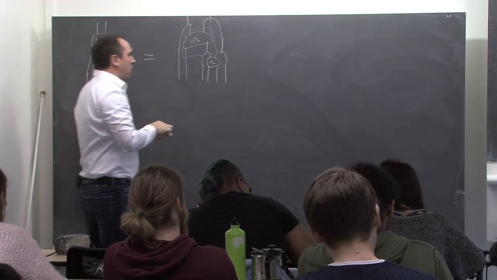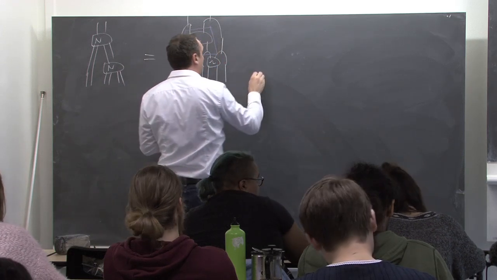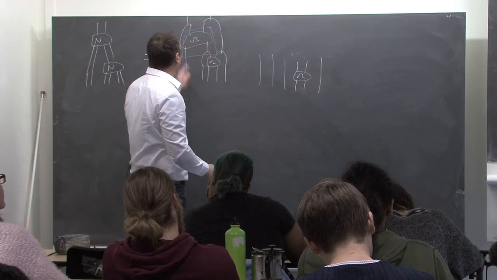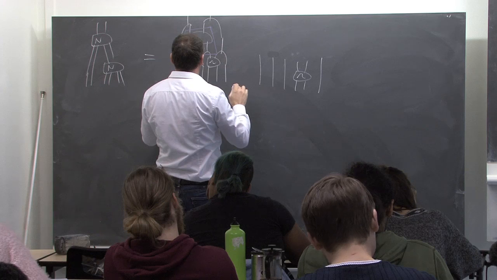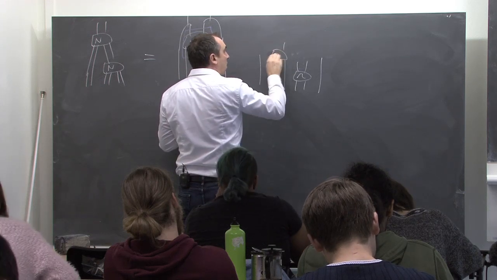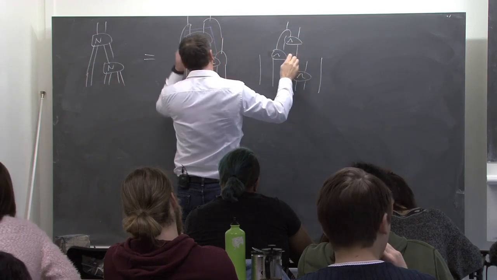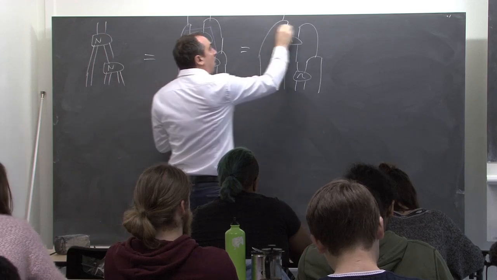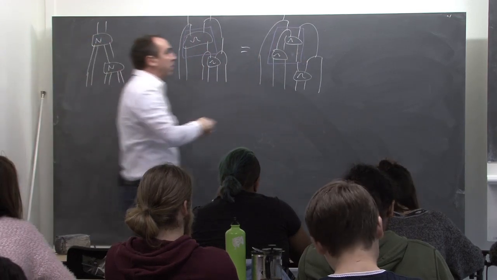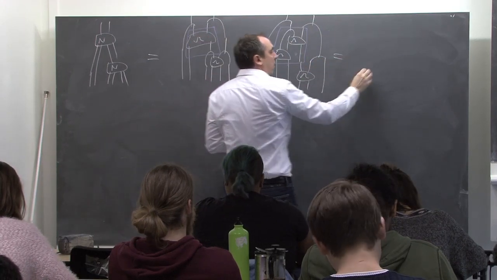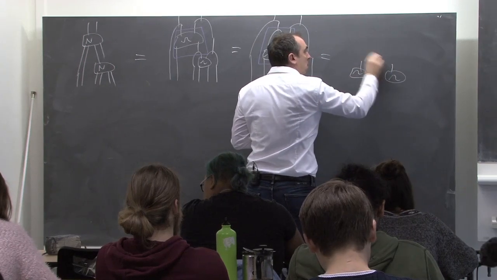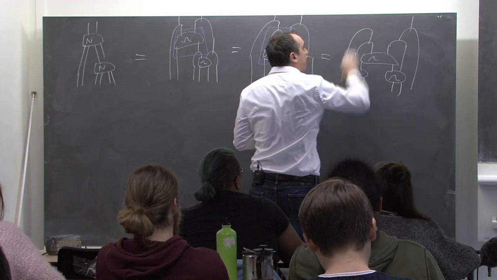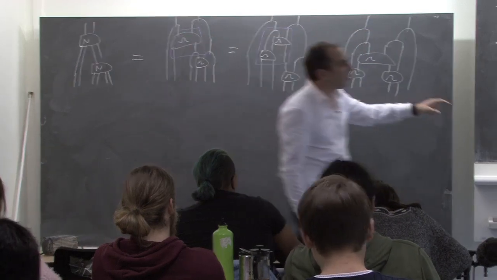And what do I get? On this side, B A A, I use the action here, and now I use associativity of B again, and presumably this is the same picture.